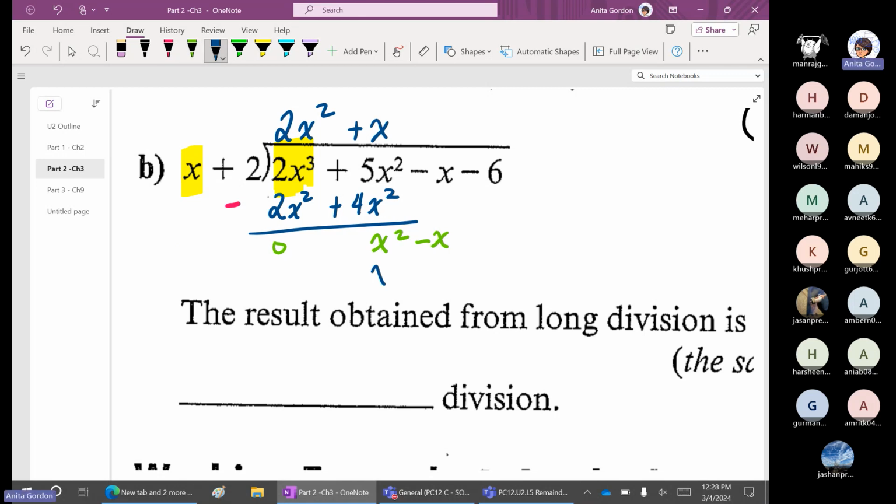So x times x is x squared minus x. And by subtracting these, this is 0, negative x minus negative 2x will give me negative 1 plus 2. Bring down the next term.